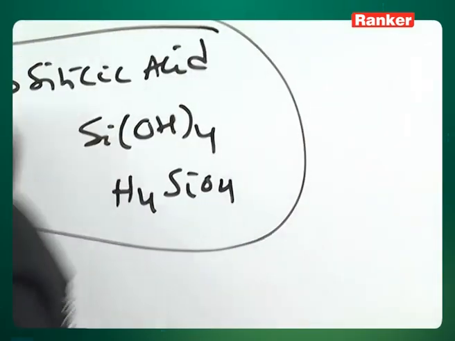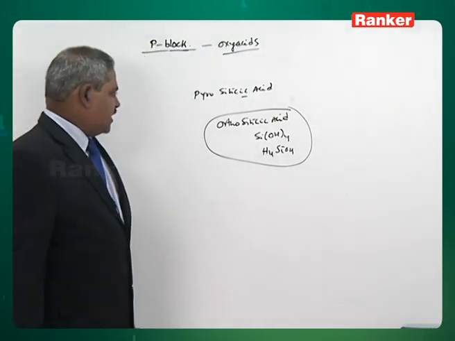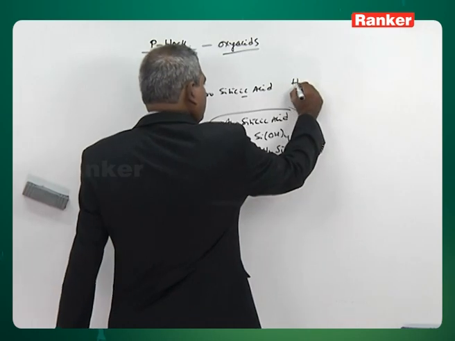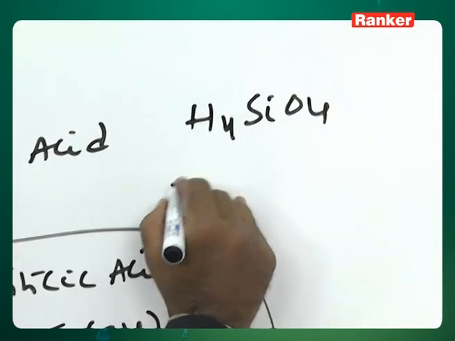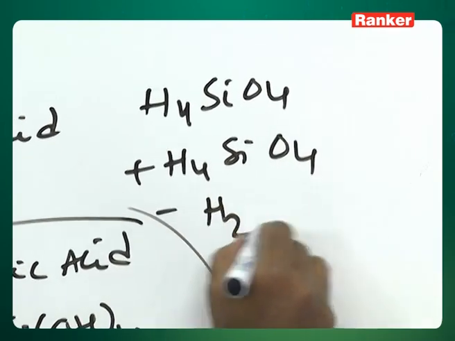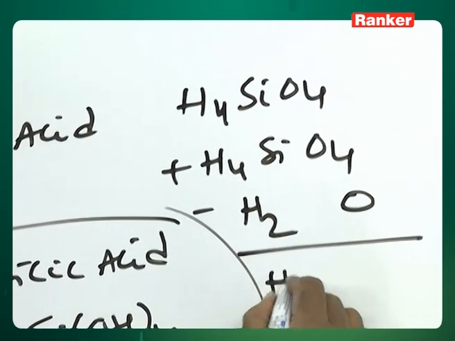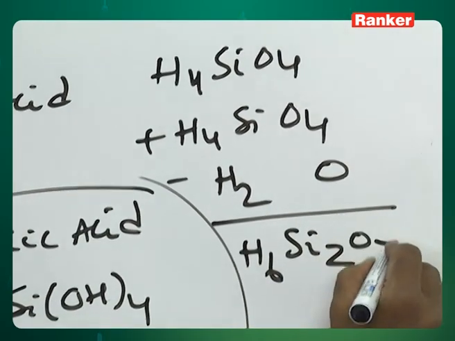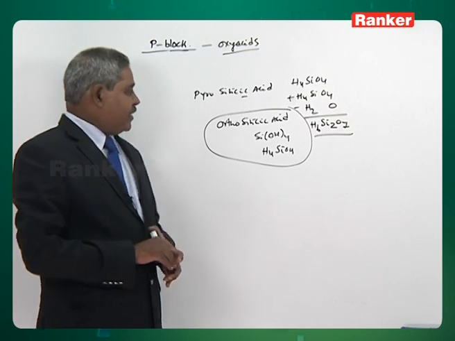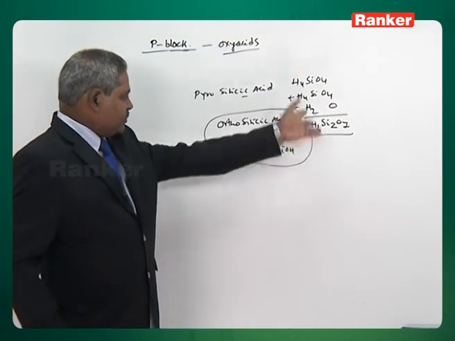This is the background. We know orthosilicic acid is H4SiO4, and this H4SiO4 plus H4SiO4 minus H2O, you end up getting H6Si2O7, pyrosilicic acid. What is the benefit?